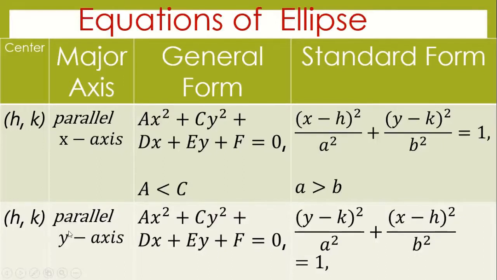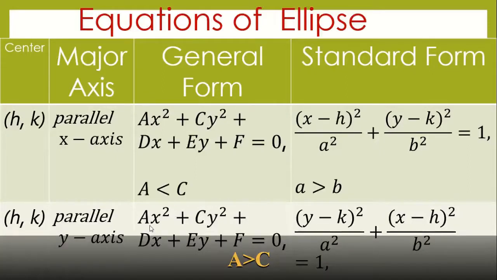Para doon sa isa pang equation ng ellipse natin, center at (h, k) but this time parallel to the y-axis. Kapag parallel naman sa y-axis ang ating major axis, lumalabas yung ating sketch graph ng ellipse natin is vertical. Okay? And the equivalent general equation is ax squared plus cy squared plus dx plus ey plus f equals 0. This time, a is greater than c naman. Ibig sabihin, yung coefficient ng ating x squared is larger than the coefficient ng ating y squared.